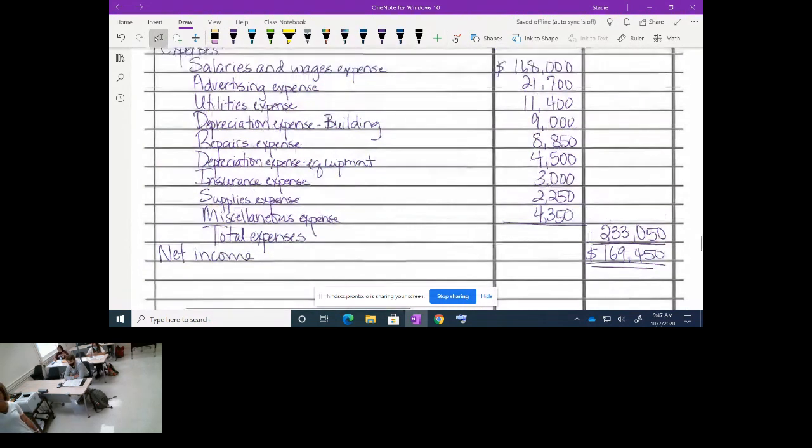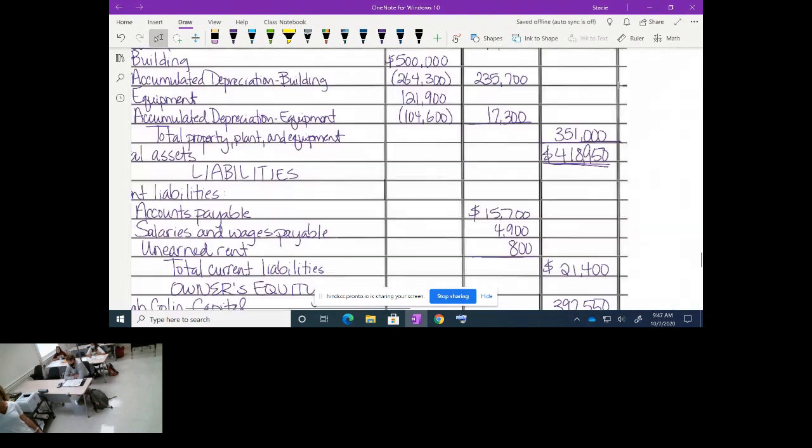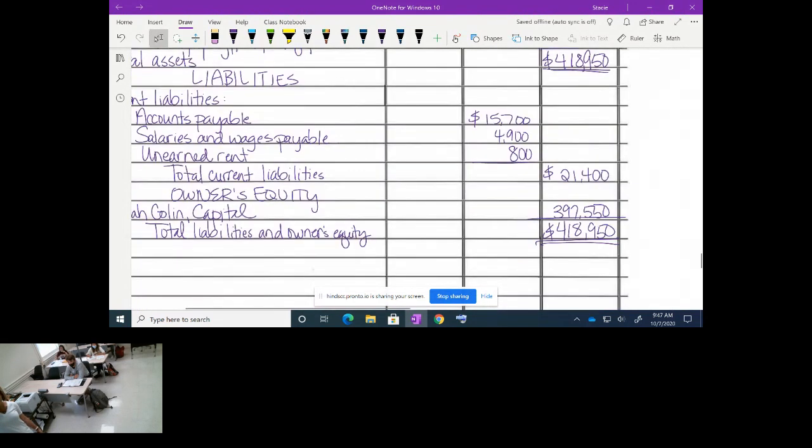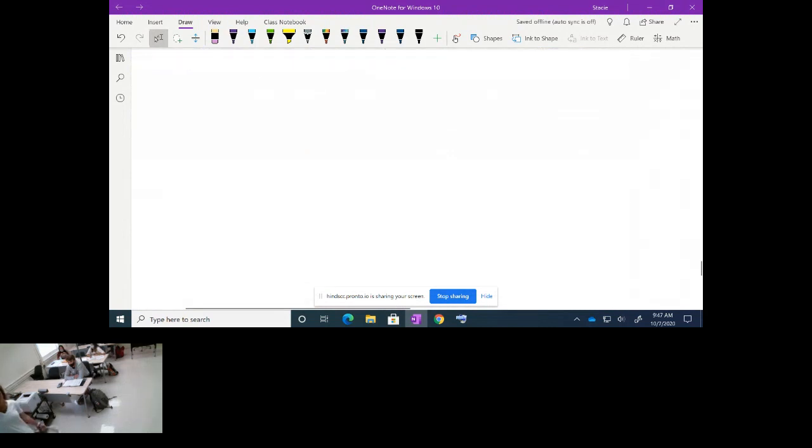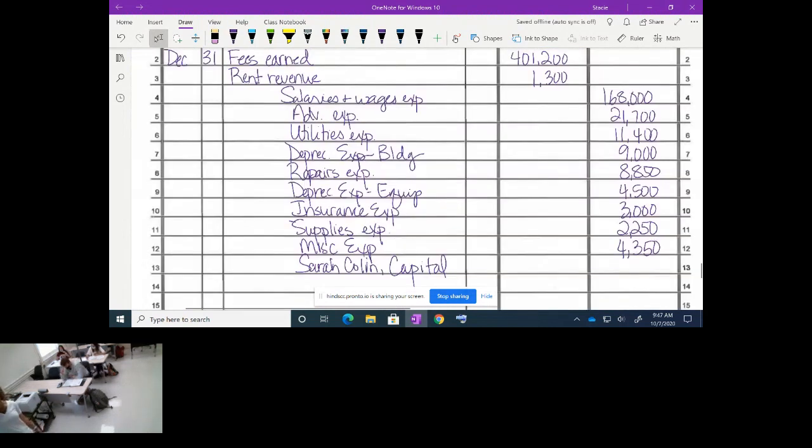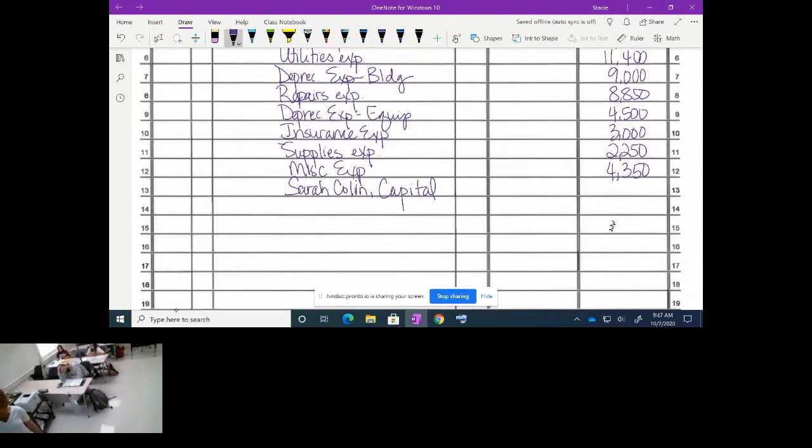Because we're debiting our revenue and crediting our expenses, the difference should naturally be net income. So 169,450 is what our entry should need. You need to check that, because if you transposed a number, then it's not going to balance. This should always be either net income or net loss. If it's net income, you will credit. If it's net loss, you will debit.